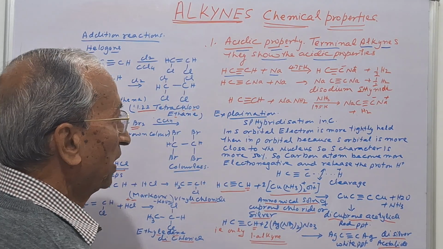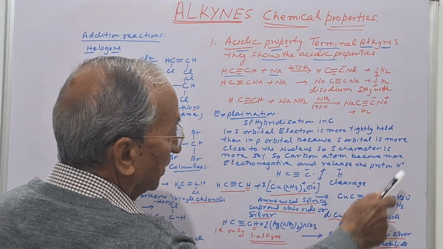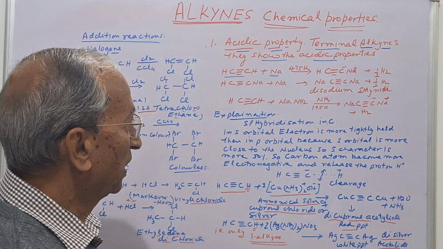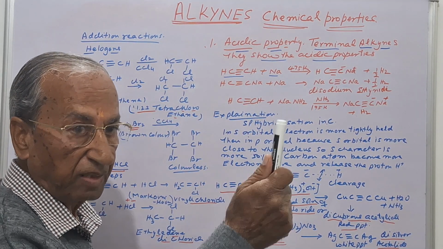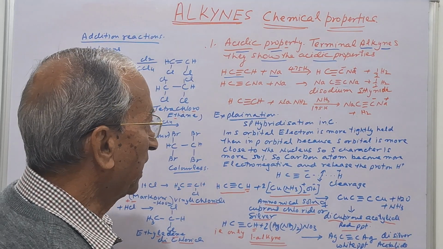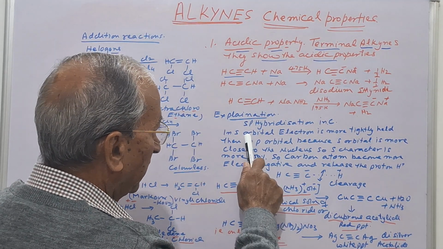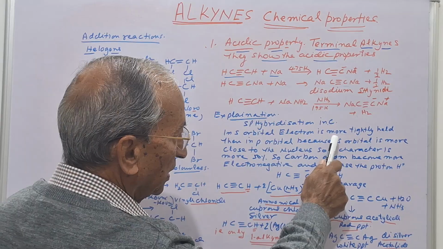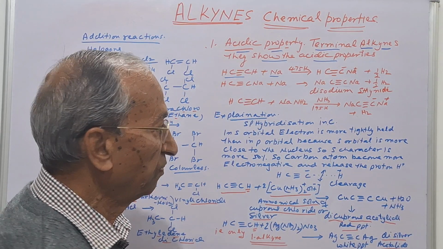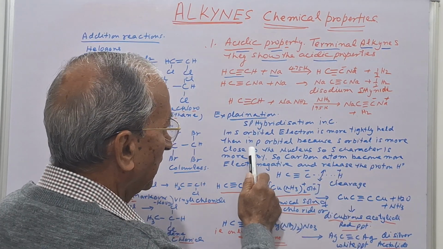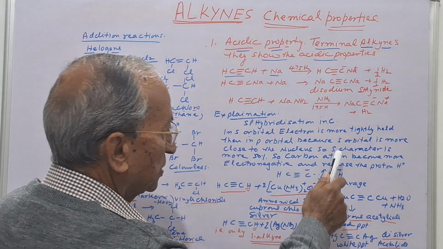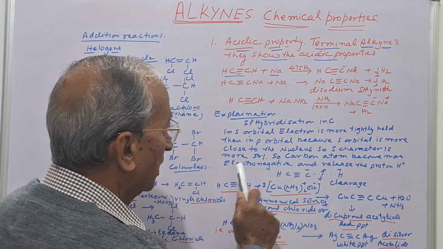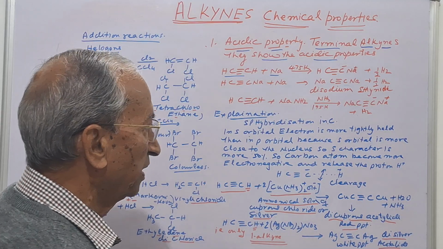Again listen, this release of the hydrogen atom or proton is due to the sp hybridization. We know that the s orbital electron is closer to the nucleus, so it is more tightly held as compared to the p orbital, and so it has more s character, that is 50%.